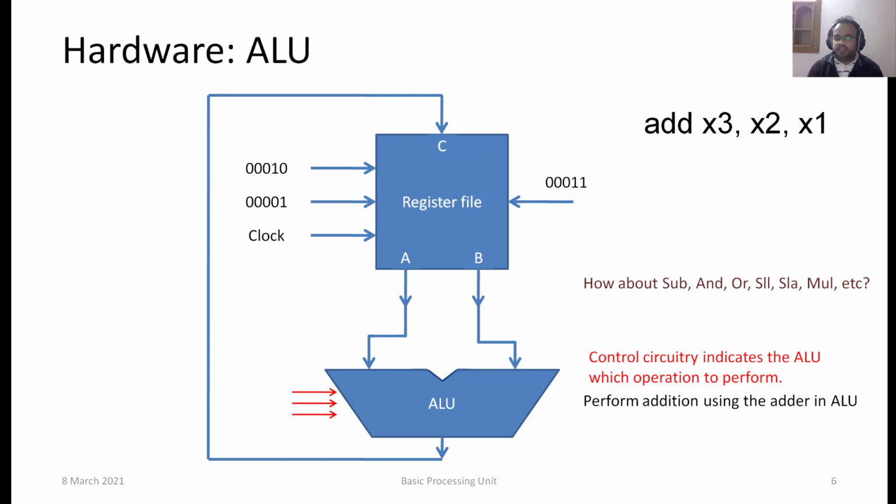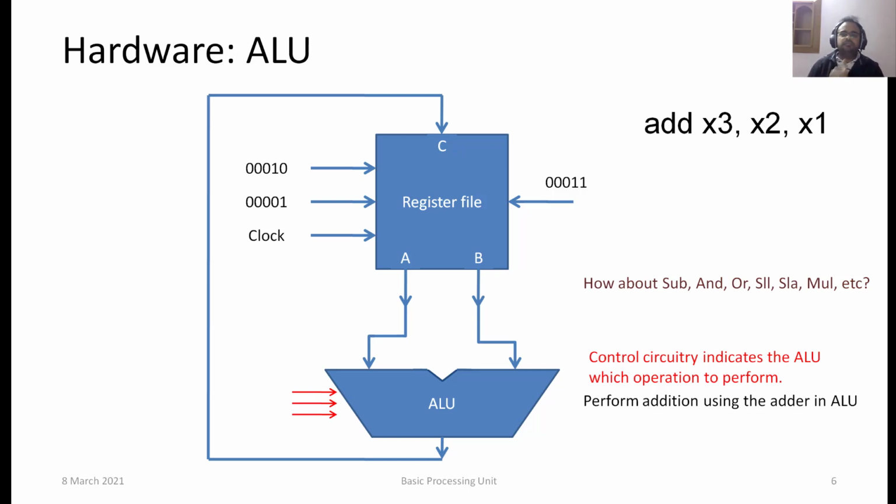As an example, if we are building hardware to handle 8 different ALU instructions, then the control unit needs to generate 3 signals, and for example, 000, let's say, would indicate an add operation. 111, let's say, would indicate an AND operation, right? So those signals will be generated by the control circuitry, and the ALU would perform the required operation.